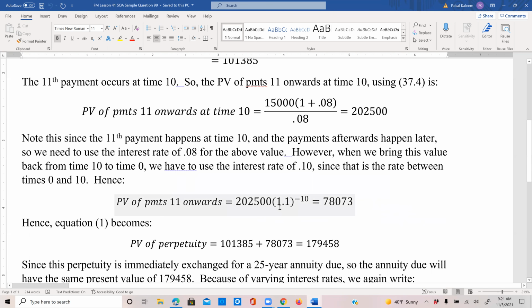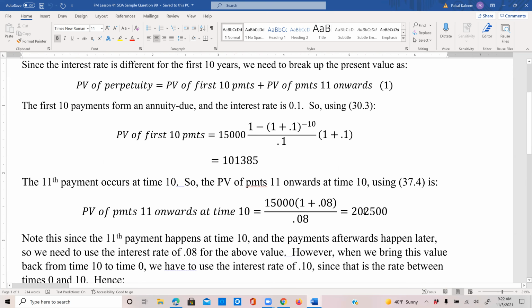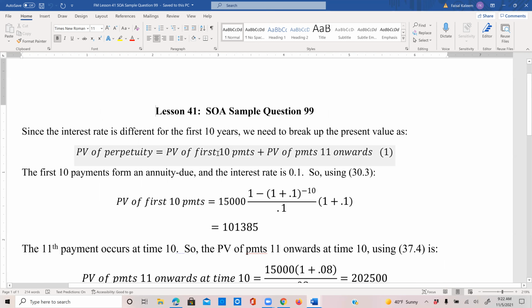So we multiply it by 1.10 to the power negative 10. The negative 10 is because we are pushing it back 10 periods. So we get 78,073.